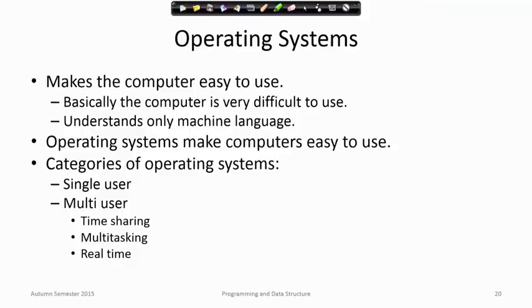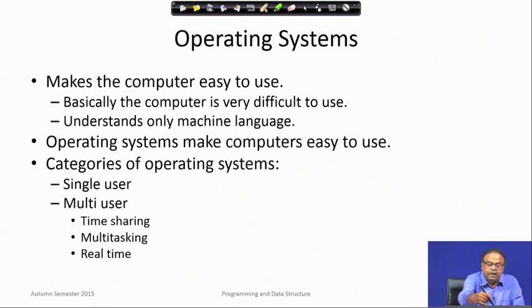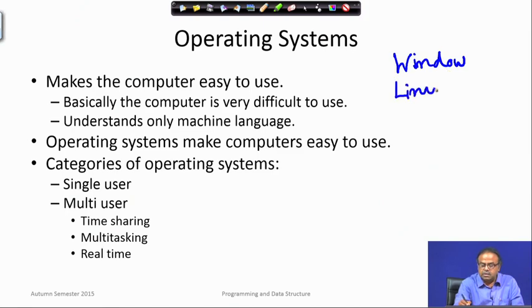we come to a very important software which we just now mentioned, that is an operating system. Now, you are aware of the typical operating systems like Windows, Linux or Unix, all right.